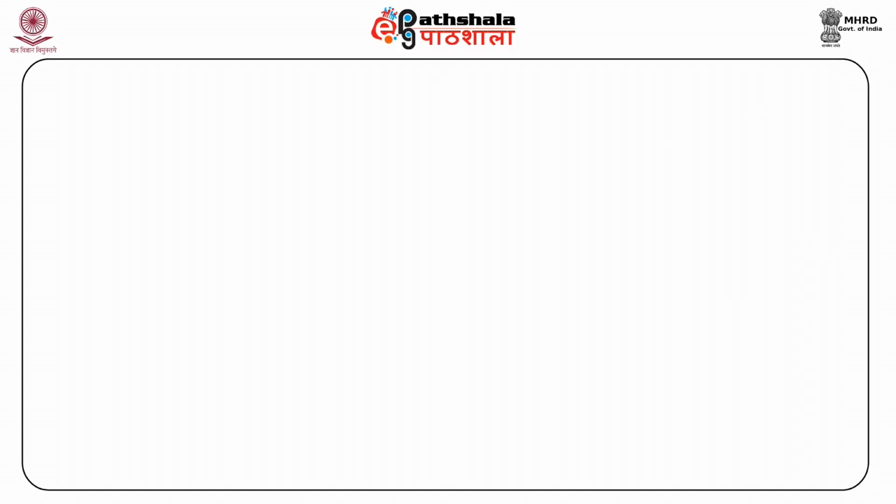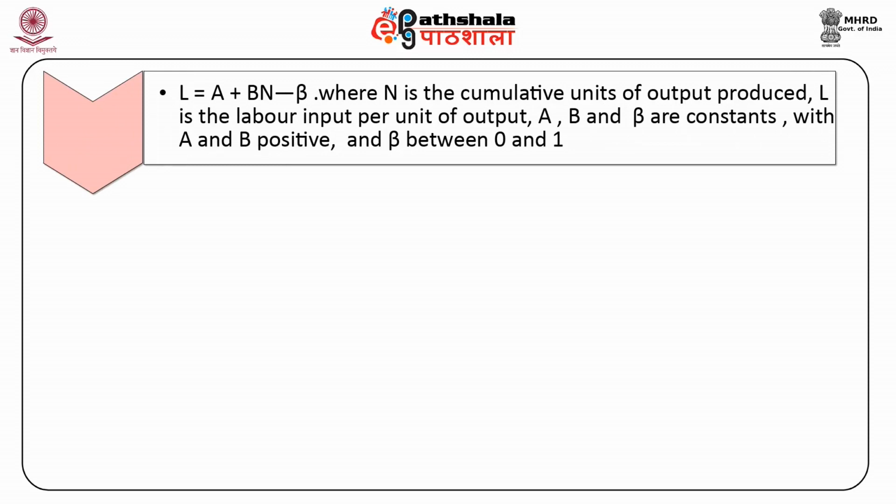Let us discuss the basic feature of the learning curve. The learning curve is based on the relationship L is equal to A plus B into n raised to the power minus beta, where n is the cumulative units of output produced, L is the labor input per unit of output, A, B, and beta are constants, with A and B positive and beta between 0 and 1.